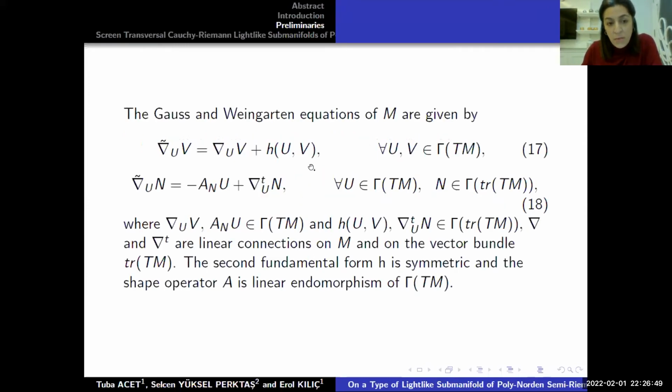For submanifolds, for lightlike submanifolds, and in general submanifold theory, the Gauss and Weingarten equations are the important equations for investigating the submanifold geometry. The Gauss and Weingarten equations of the submanifold M are given by 17 and 18.